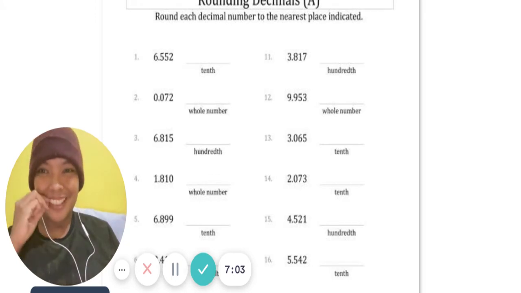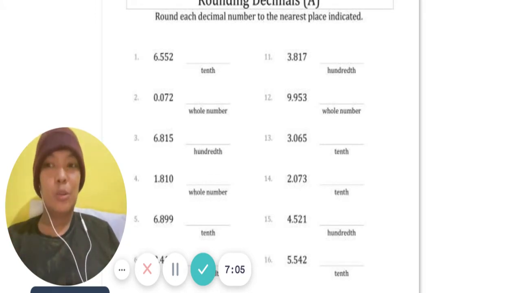So, number 2, whole number. So, what's that? Whole number. So, where is your whole number here? Your whole number here is to the left of your decimal point, right? Okay, so when we have problems like this, you will look at the right of your decimal point.